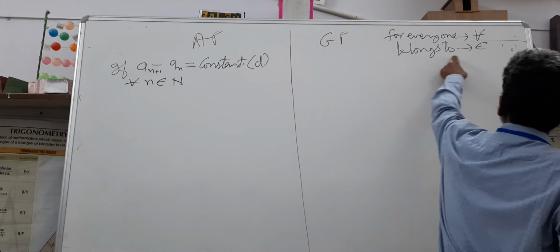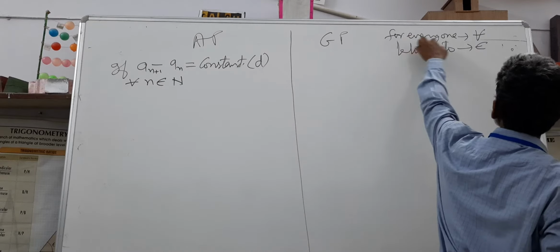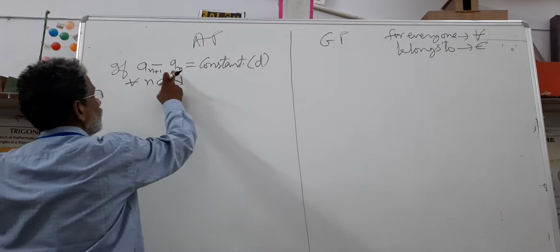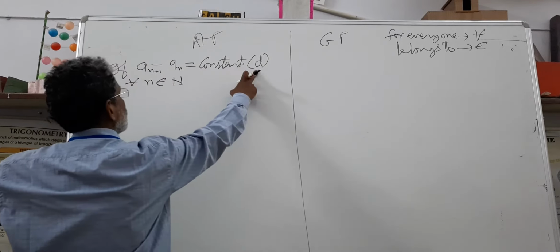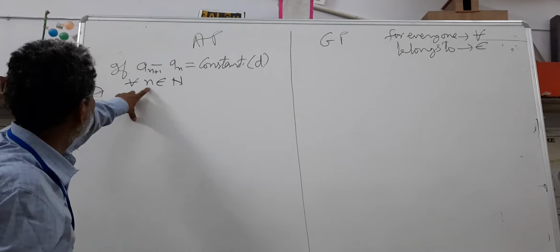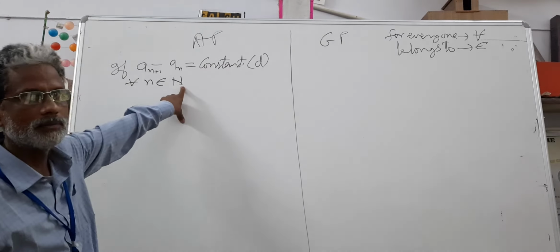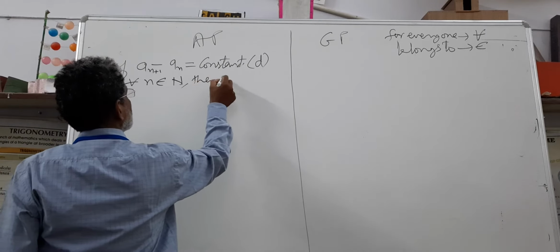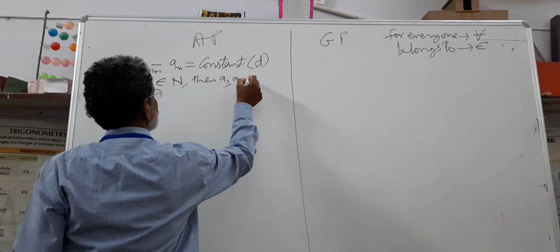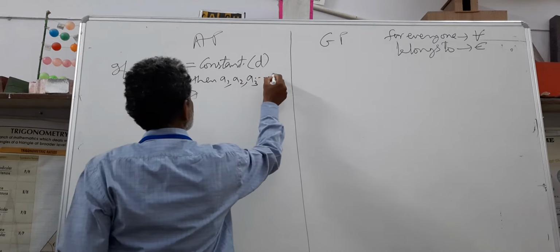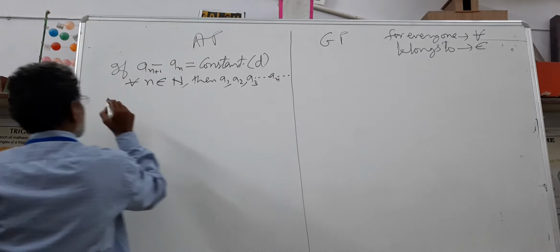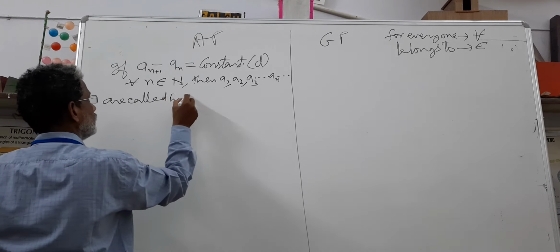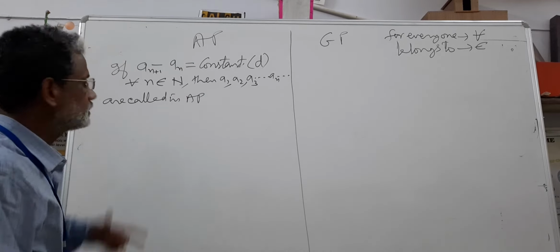For this wording, this is the symbol. If a(n plus 1) minus a(n) is constant, denoted by d, for every n belonging to N, that is the set of natural numbers, then a1, a2, a3, ..., an are called an AP. This is the definition of AP.